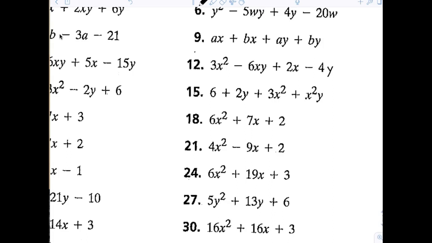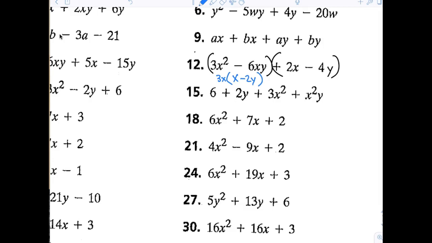For number 12, what's common? 3x, right? What's left behind? X minus what? X minus 2y, right?